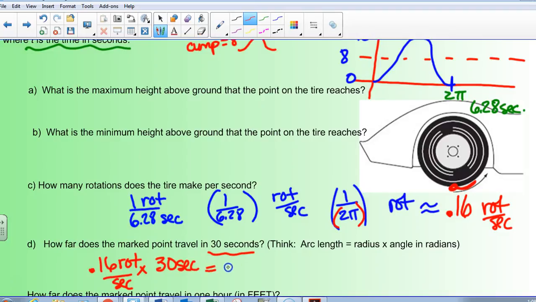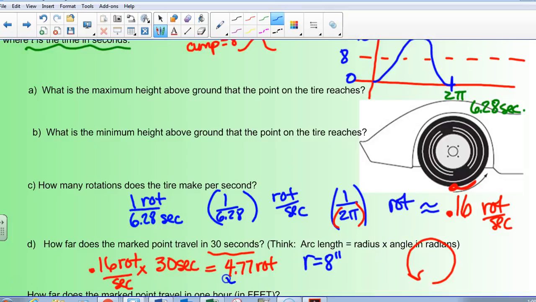Well, that's about 4.77 rotations. But if we want to know the actual distance around the outside that it traveled, not just how high up and down it went, that's an arc length. So we need a radius. What's the radius, guys? 8 inches. And the angle in radians.